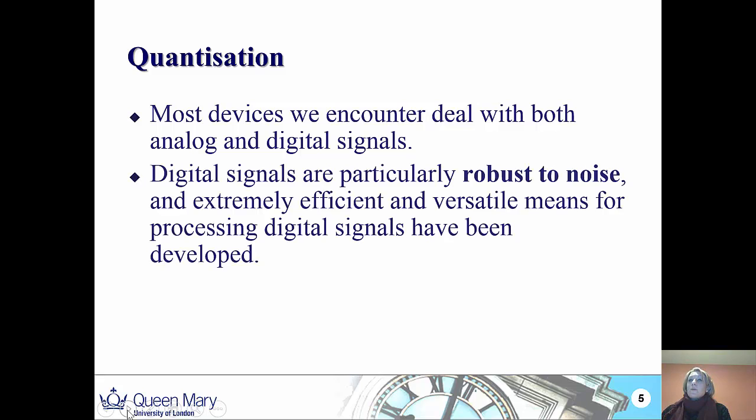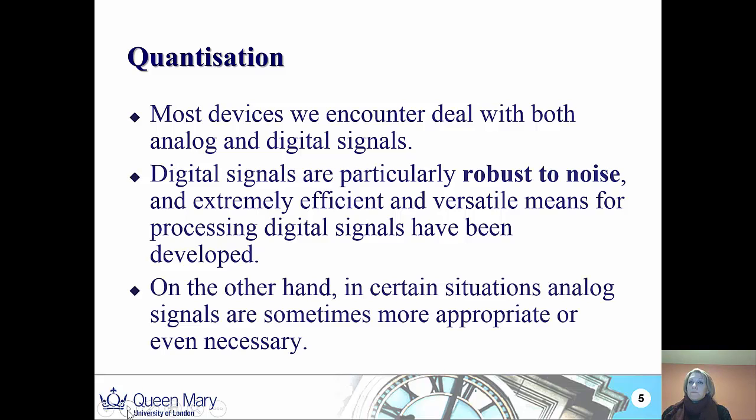So most devices that we deal with use both analog and digital signals. Digital signals are particularly robust to noise, so we have a finite range of values being communicated, and alongside these values we will encode error detection and correction mechanisms, and these can be used on the receiver side of the network in order to detect and correct any errors which may be introduced during the communication process.